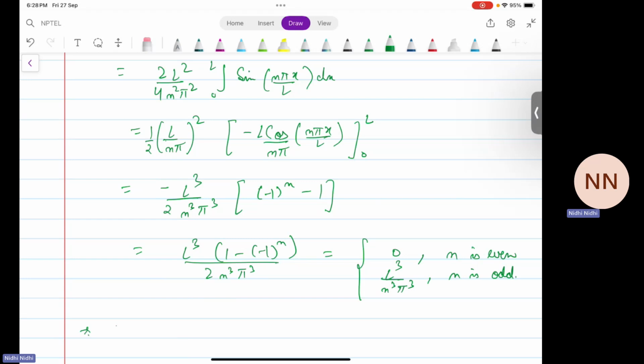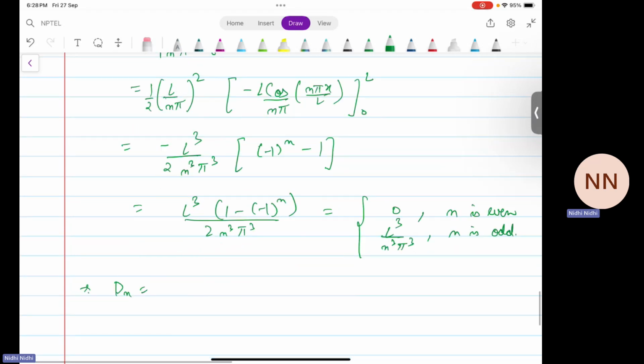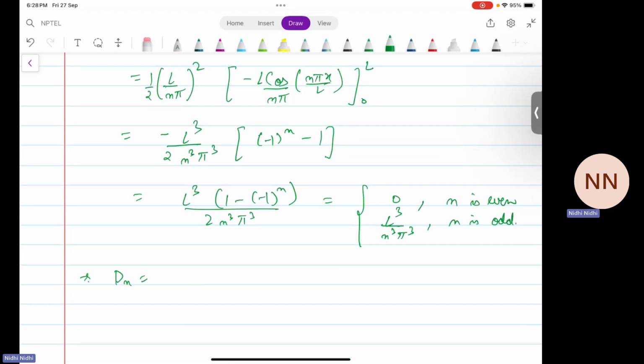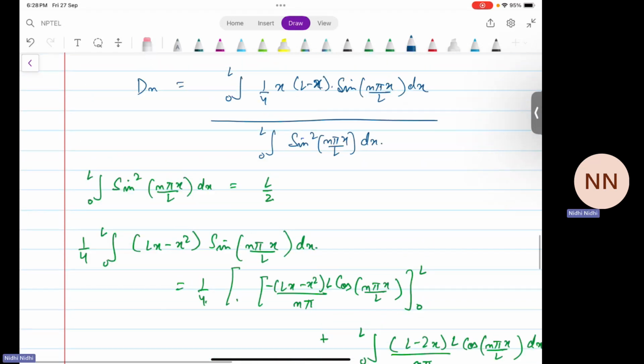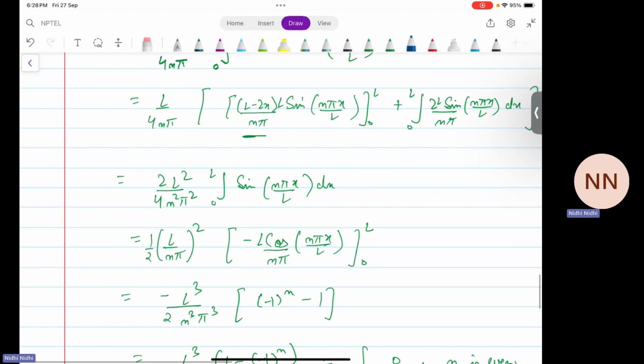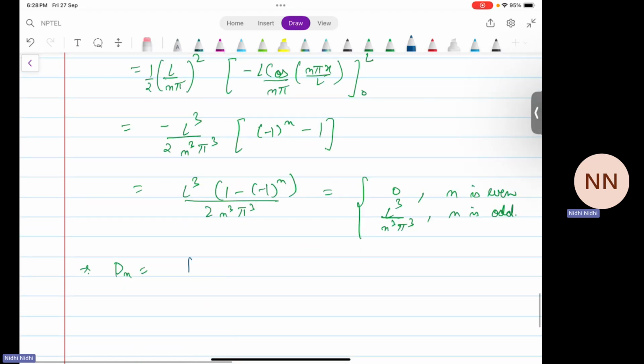So this implies dn is equal to, we'll have to divide it by L by 2, because the denominator integral is L by 2. So this is 0 when n is even, and 2L square by n cube π cube when n is odd.